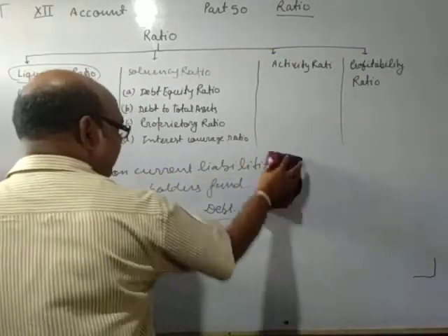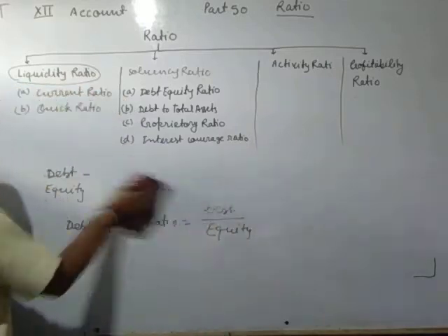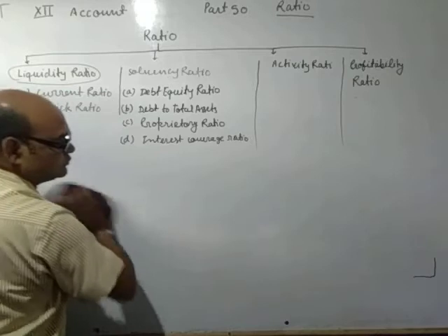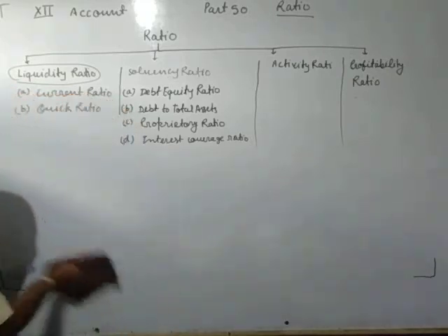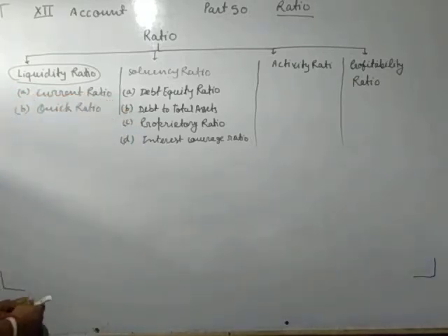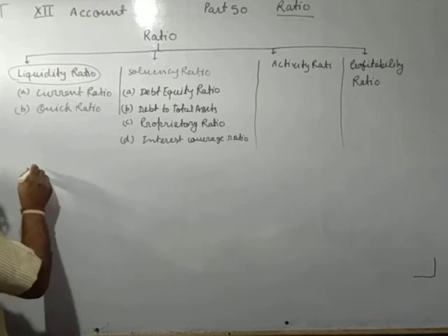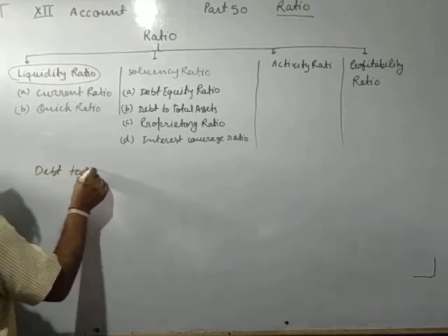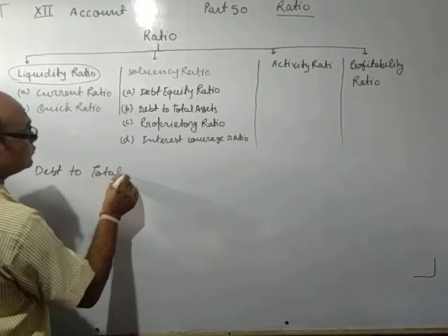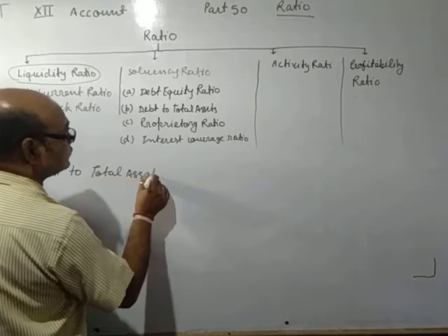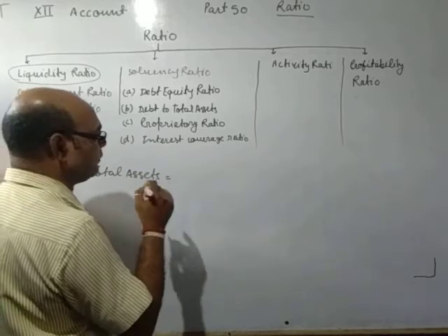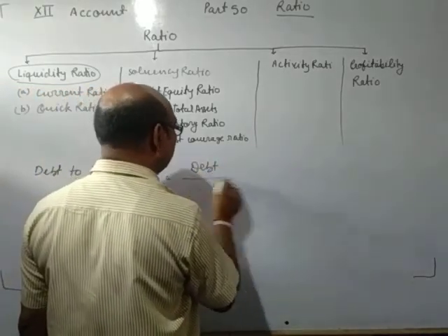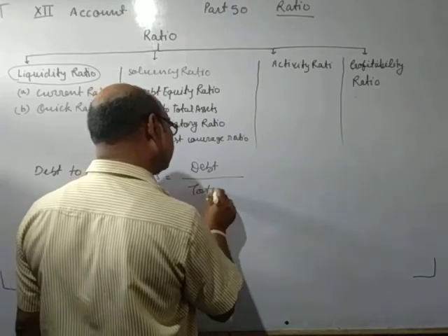Next one is the debt to total assets. That formula will be debt upon total assets.